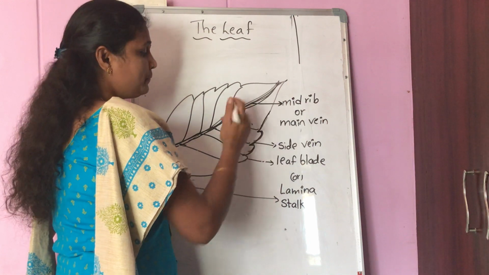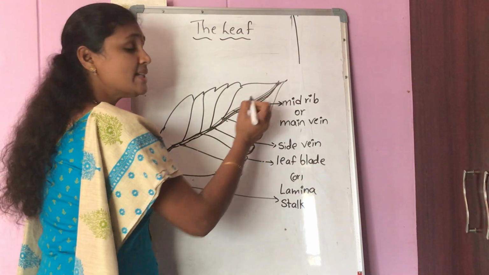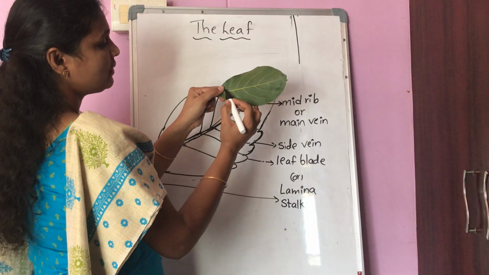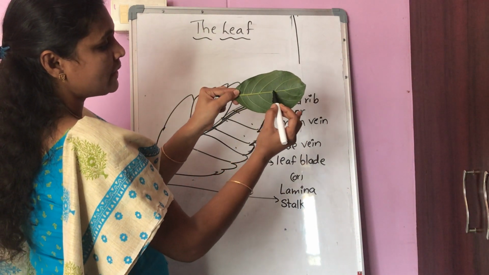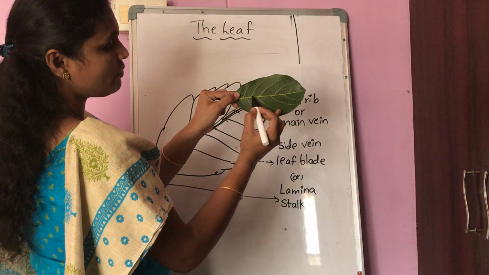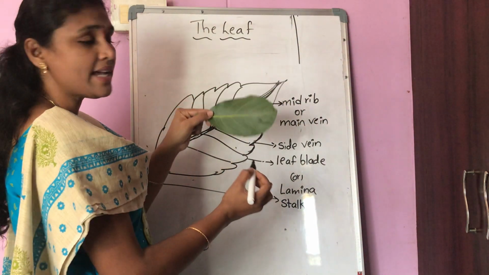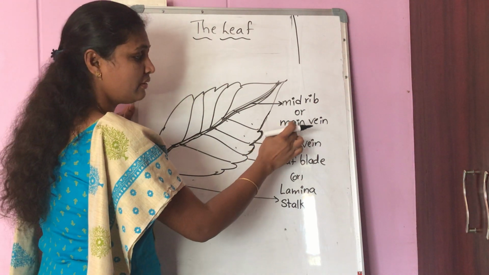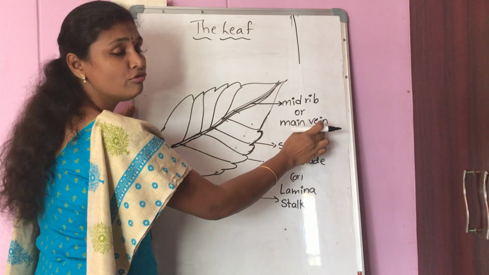What is this called? The line which passes through the center of the leaf. See here, can you see the leaf? The line which passes through the center of the leaf, we call it the midrib or main vein. VEIN, vein.